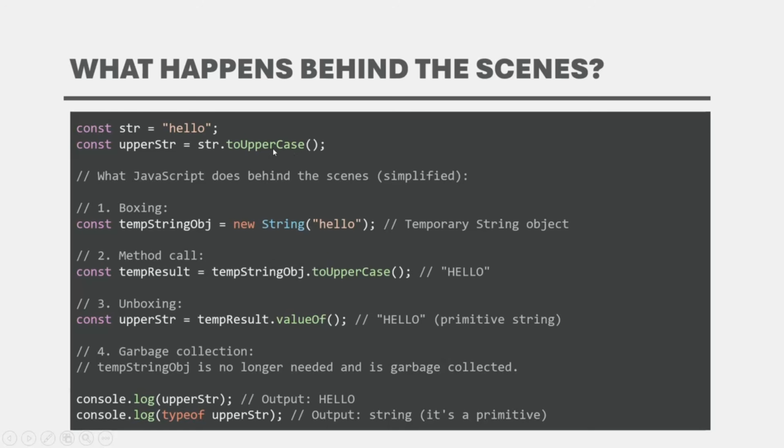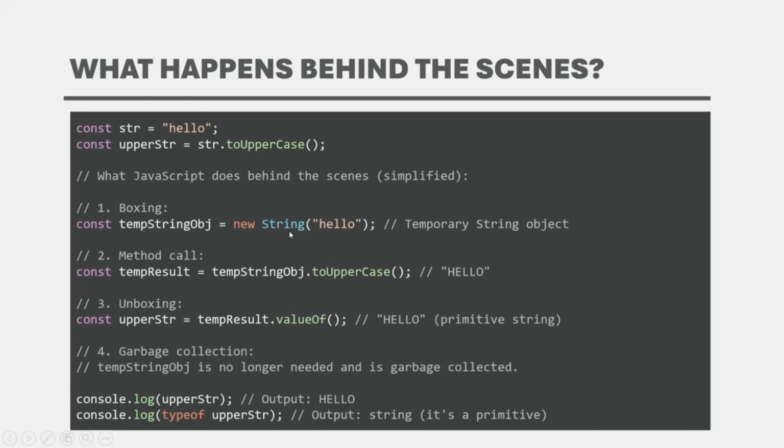And how do we create a string object? We create a string object using the string constructor. So when we are trying to call this toUpperCase method on this primitive string value, behind the scenes, these steps happen. In the first step, JavaScript will create a temporary string object, to which this primitive string value will be passed.